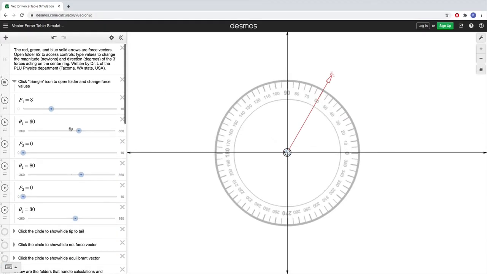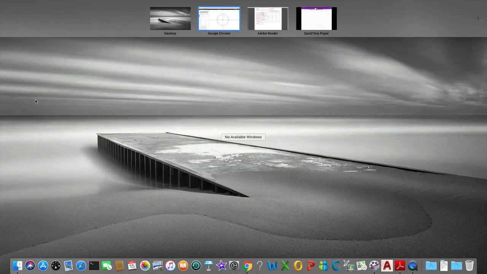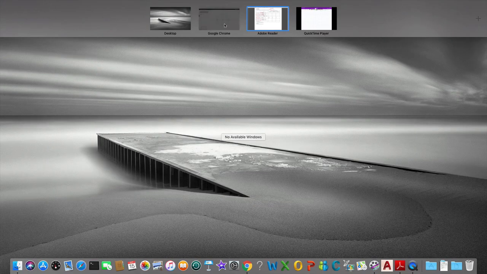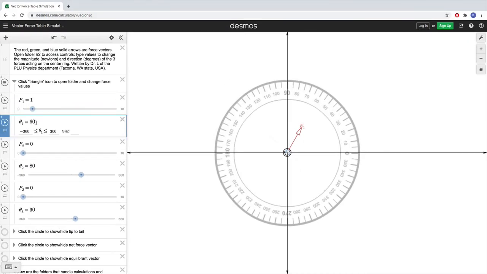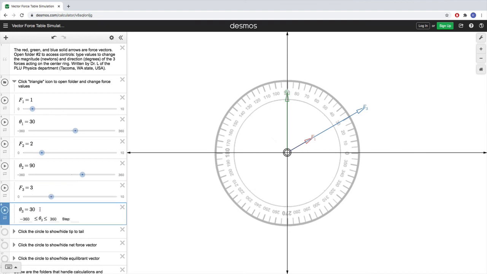Here again, come here, 1 Newton at 30, 2 Newton at 90 degrees, and 3 Newton. Now force 0 is not 0. Okay, then now this is 225.